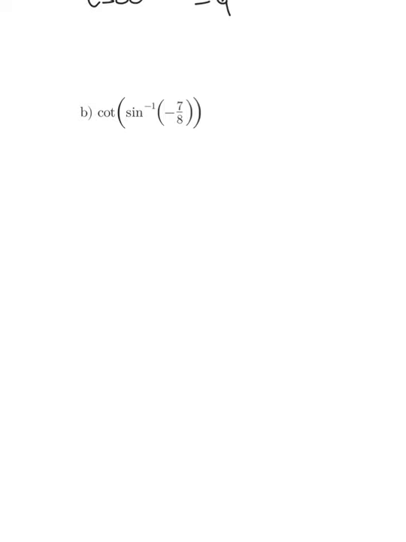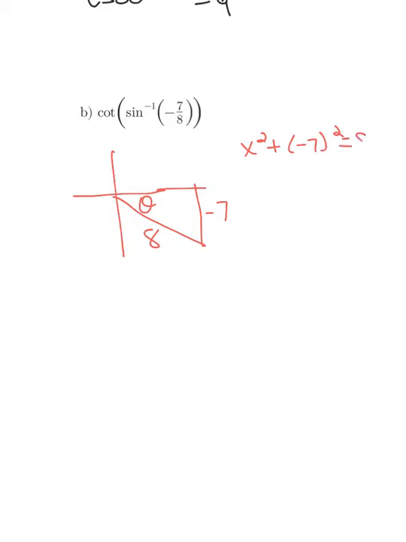If we have a sine and it has to be negative, then we need to be in quadrant 4 again. So we're going to set up an angle in quadrant 4 where the sine relationship y over r will be negative 7/8. Do Pythagorean theorem, you're going to have x squared plus negative 7 squared equals 8 squared.